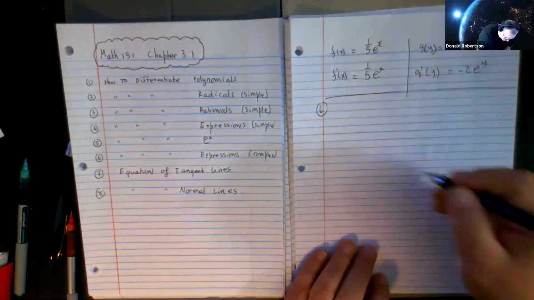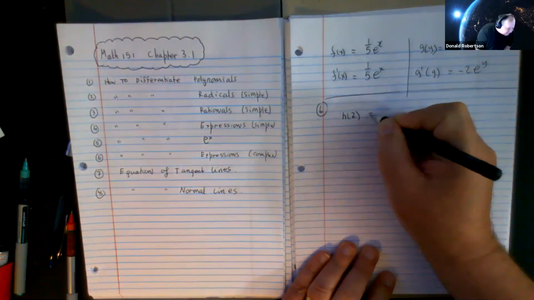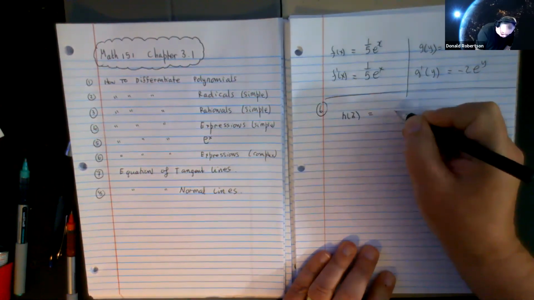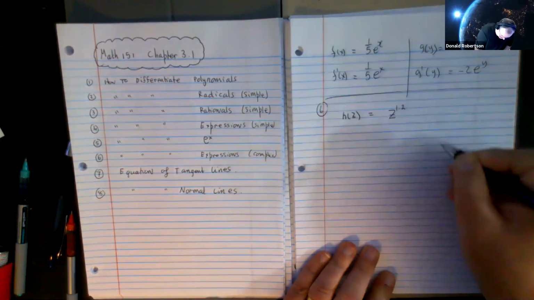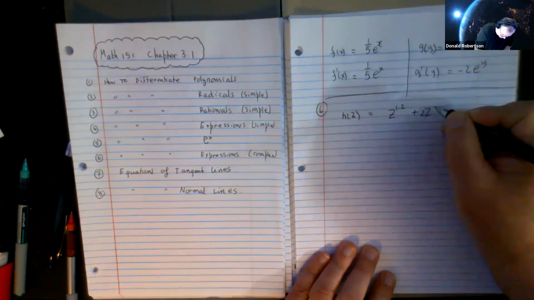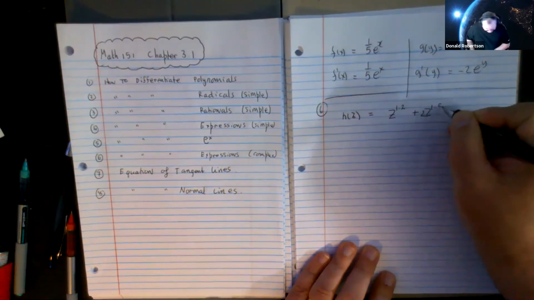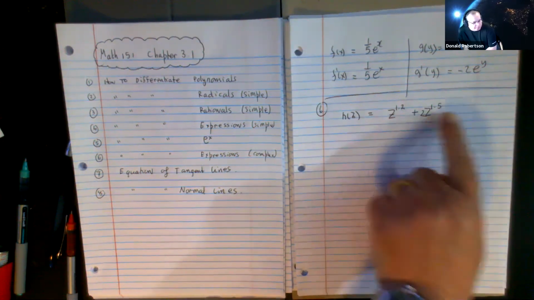So here is h of z. And it is z to the power of 1.2 plus 2z to the power of 1.5. Would you agree that is a weird expression? It's not that often you'll see a power that is a decimal, right?